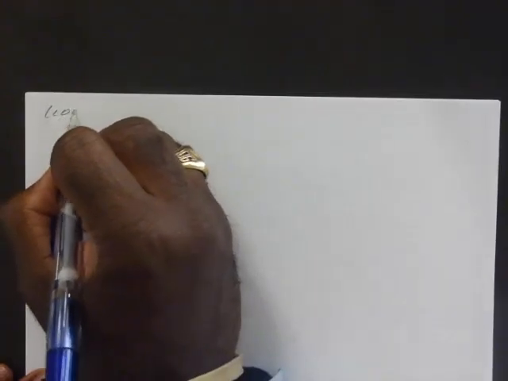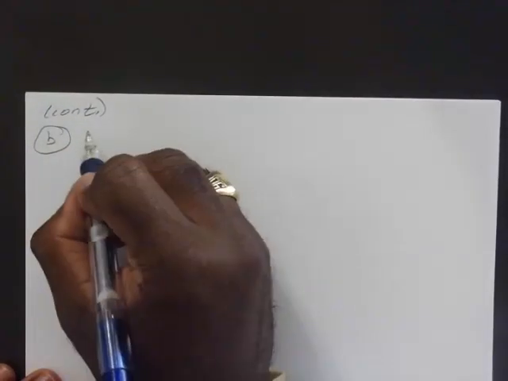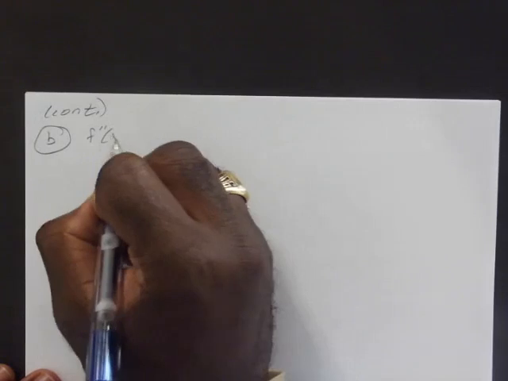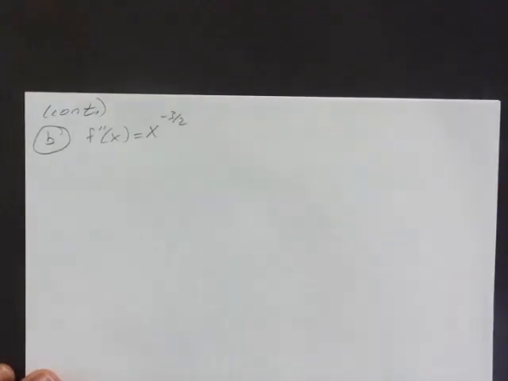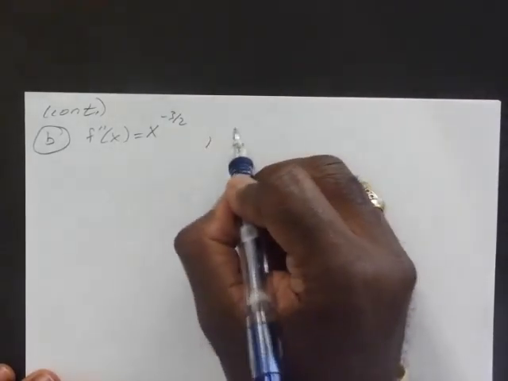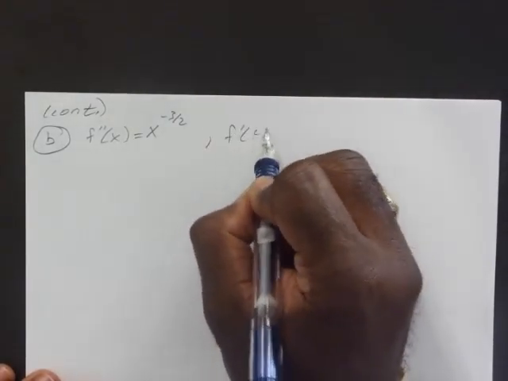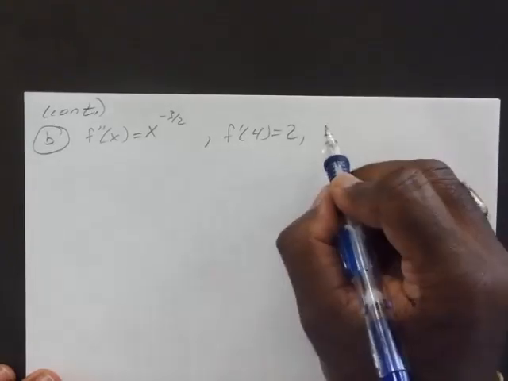Let's look at B. And just to rewrite it, we know the second derivative of x is equal to x to the negative 3/2 power. F prime of 4 is equal to 2.